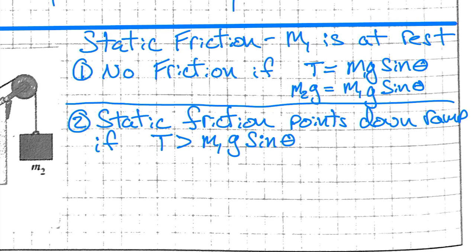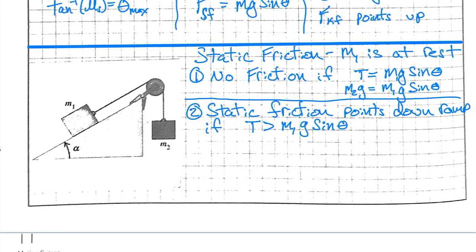That's the force of gravity parallel to the ramp. So what we're saying here is that if this string is pulling up the ramp harder than gravity is pulling down the ramp, right? We would need to balance the forces. If this is not moving, we know the forces are balanced. So if tension's up greater than gravity down, friction must also point down to balance out those forces.